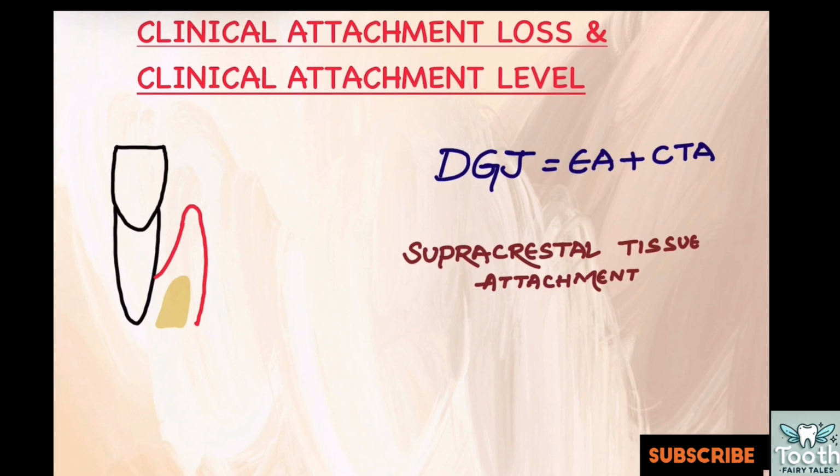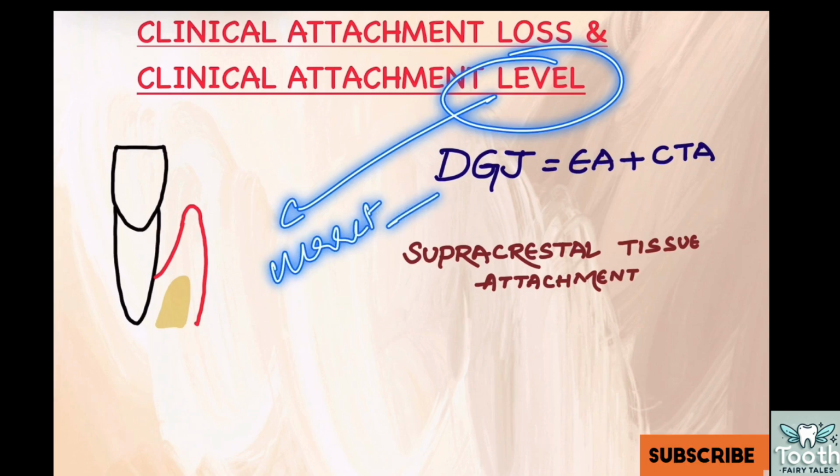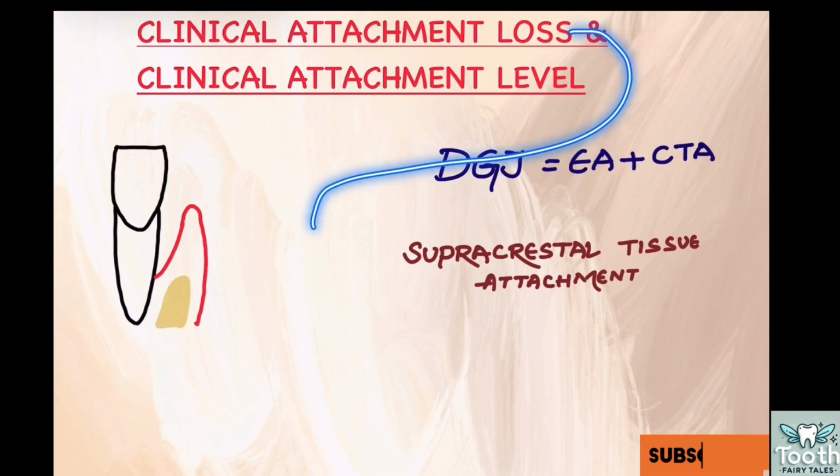In simple terms, clinical attachment level gives us the starting point or the current position of the dento-gingival junction on the tooth surface. Whereas, on the other hand, clinical attachment loss tells us how much this attachment has moved down due to the disease.